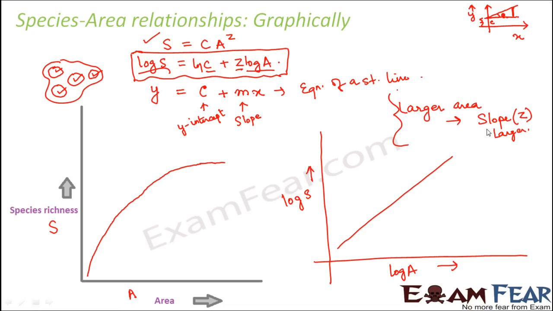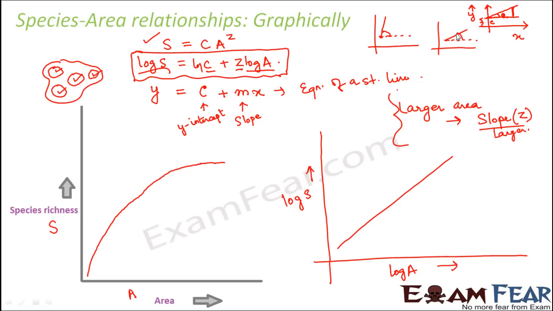Now what do I mean by a larger slope? Larger slope would mean, if this is your graph, the larger the value of the slope, the steeper the graph would be. So this will have a larger value of slope. If you have a smaller value of slope, it will be like this, because as theta increases, the value of slope increases. That means the value of Z increases.